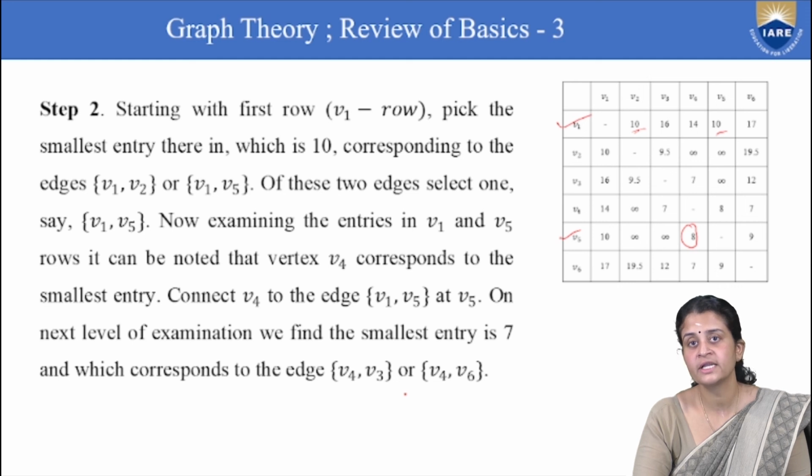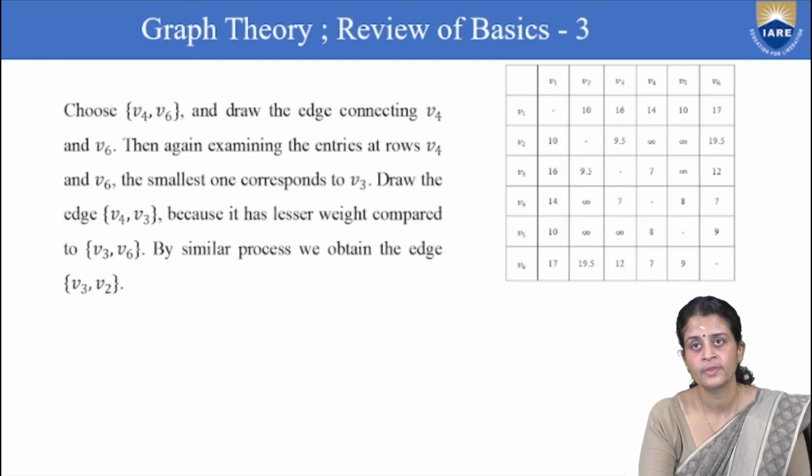On the next level, I use this V4 row, where the least entry is 7. It corresponds to either V3 or V6, V4, V3 or V4, V6. Here I am considering V4, V6.